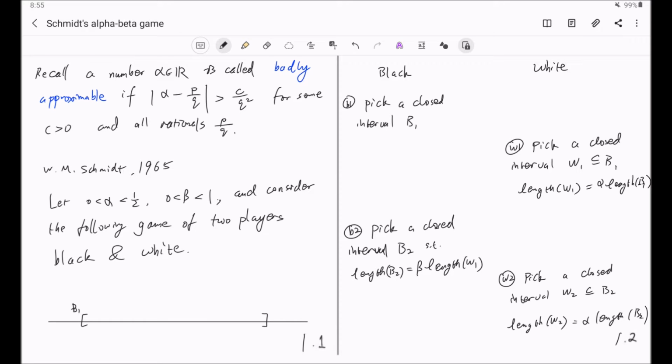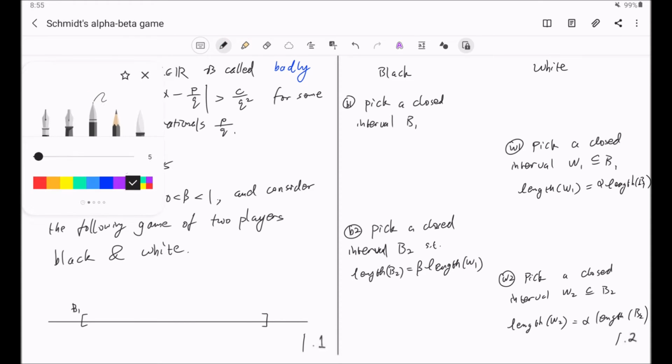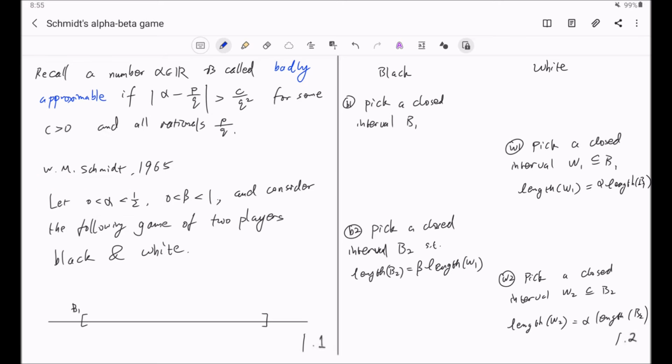This is B1, and then white will pick a closed interval W1 whose length is alpha times the length of this, which is less than 1/2. So we'll make it smaller right here. This is W1.